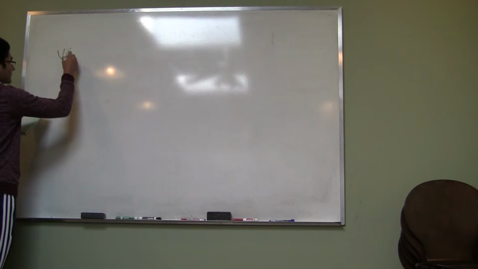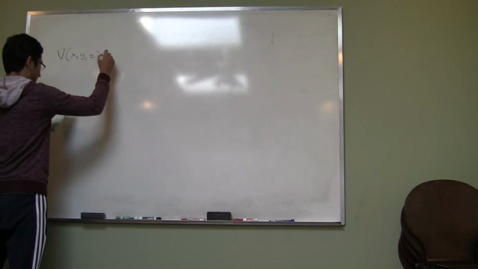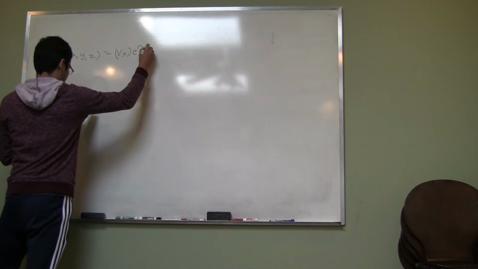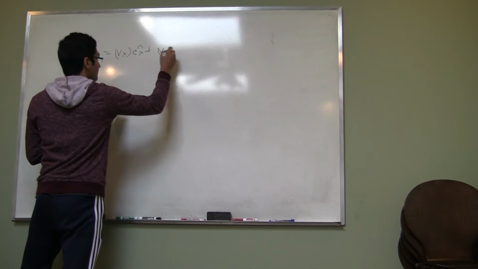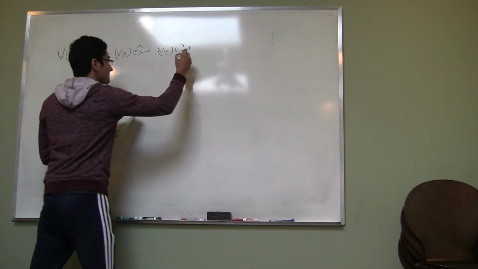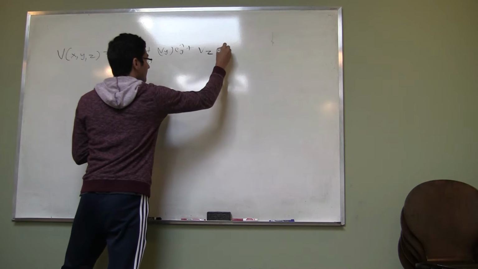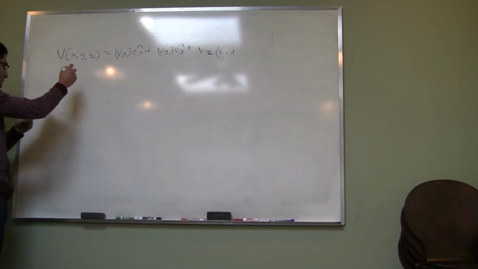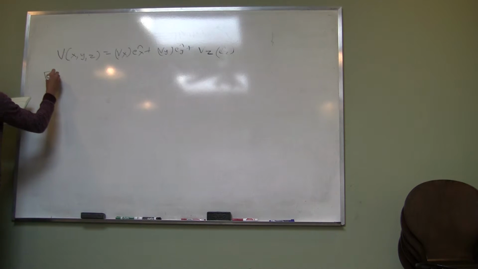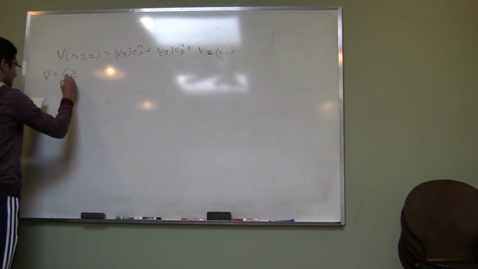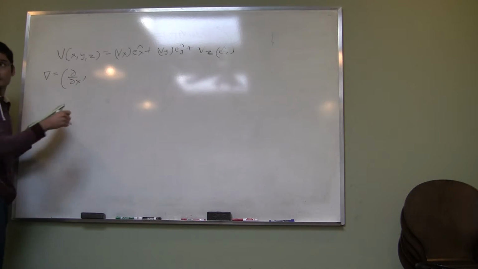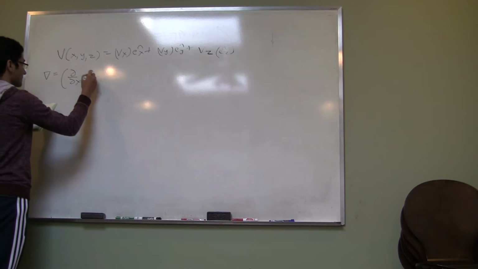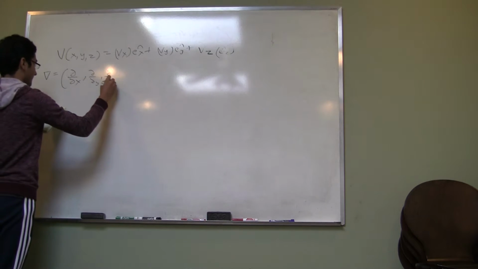V of X, Y, Z. That's just the vector field V of X, Y, Z. And gradient is d by dx, d by dy, d by dz. I guess you know gradient and all.